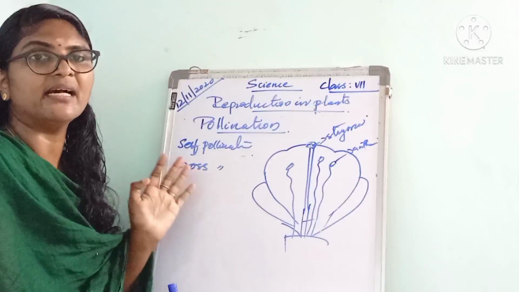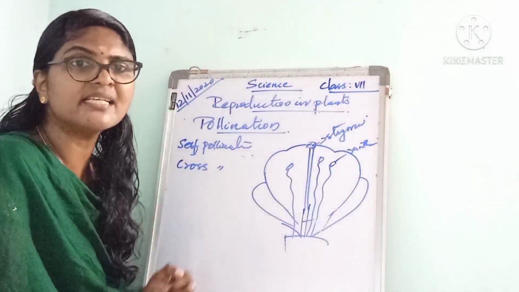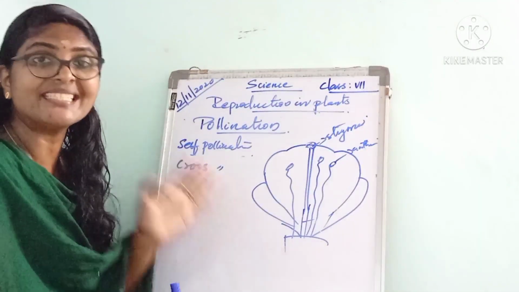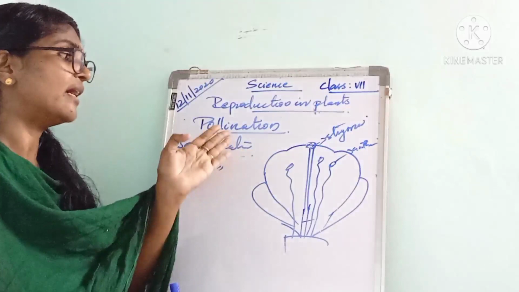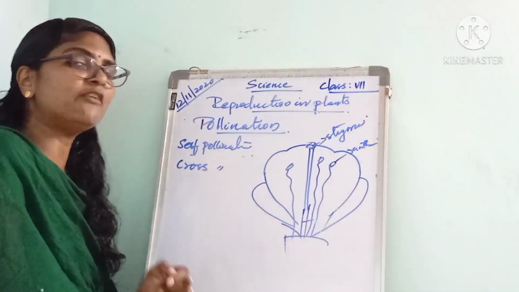In self-pollination, the pollen grains from a flower reach the stigma of the same flower or another flower of the same plant. The pollination that occurs within the same plant is called self-pollination.